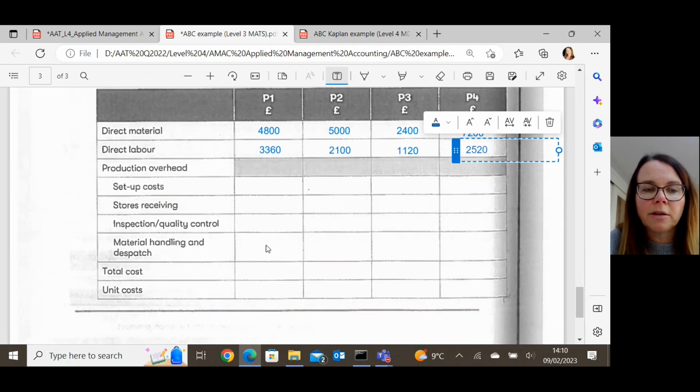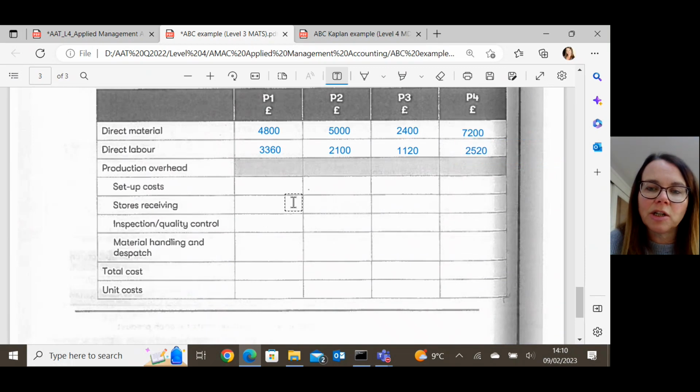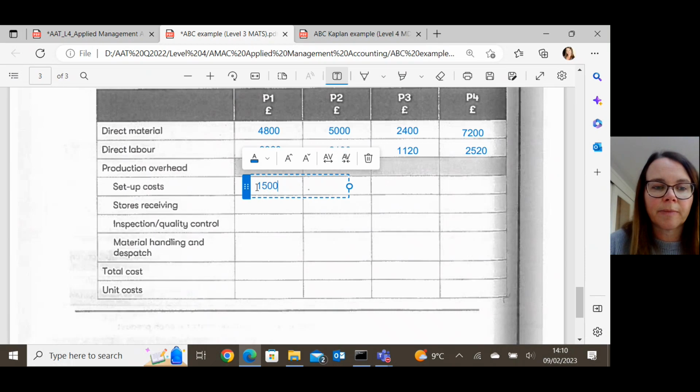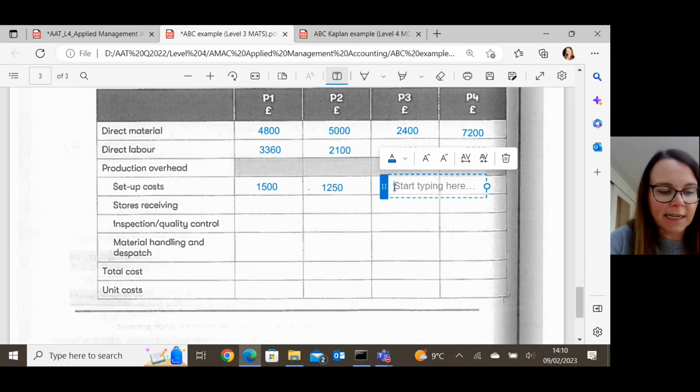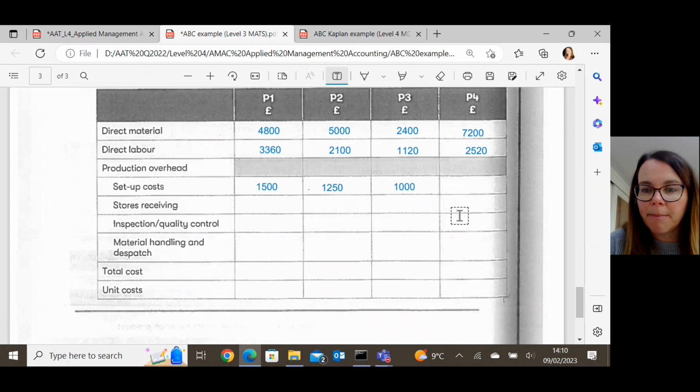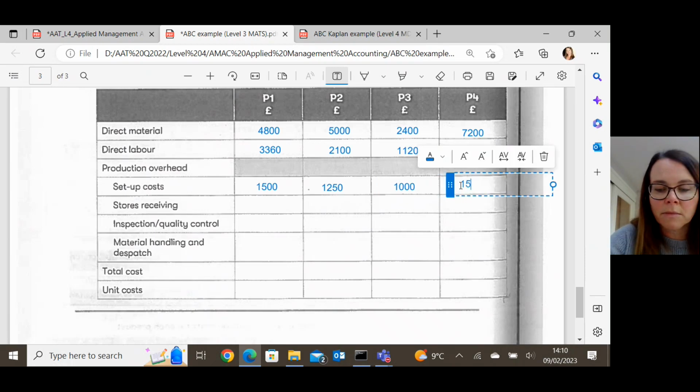And now we are working out our overheads using activity-based costing. So our setup costs, so I'm looking back at my answer to part B. My setup cost for P1 was 1,500. For P2 was 1,250. Right, so I'm just copying in those overheads that I've worked out in part B using activity-based costing.